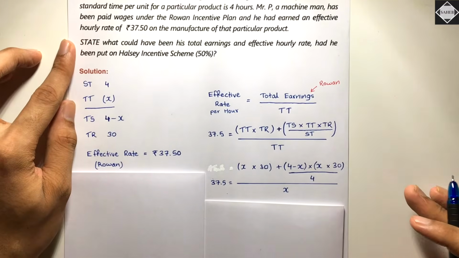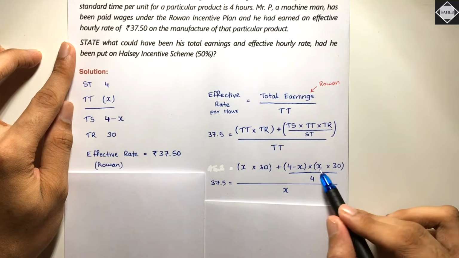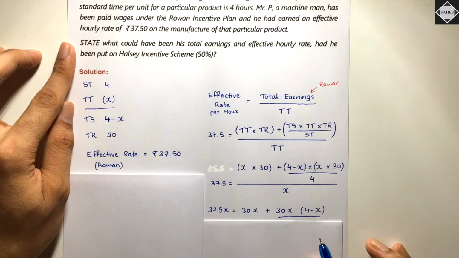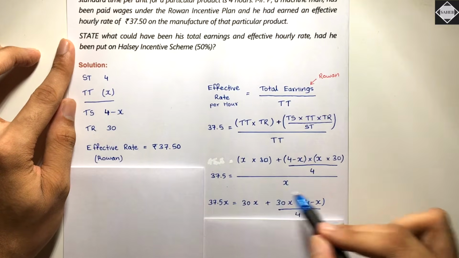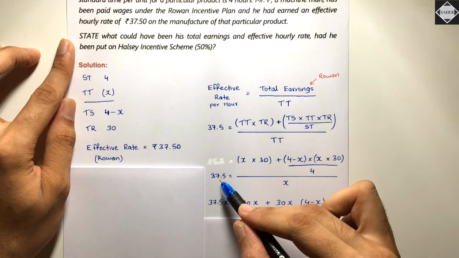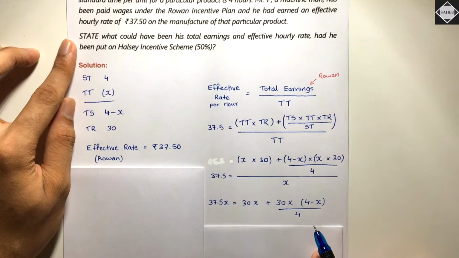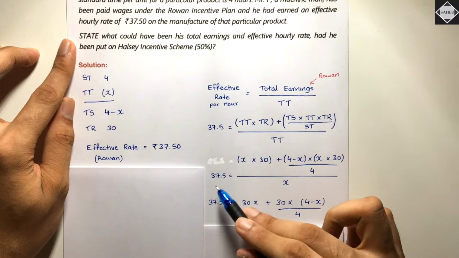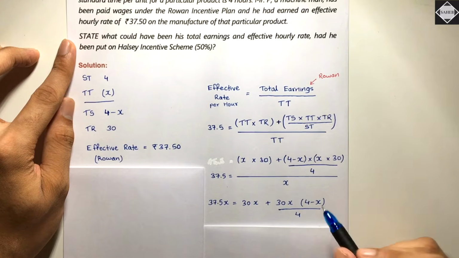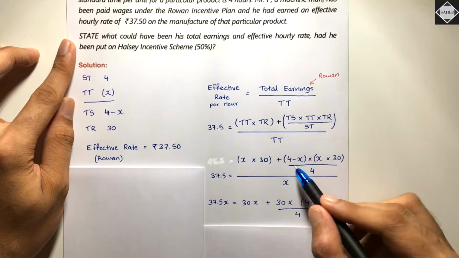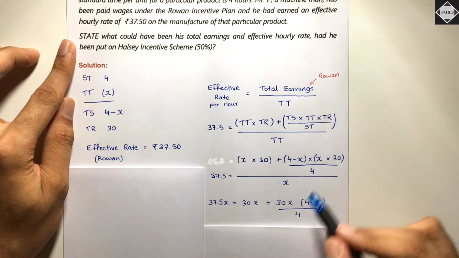Just go on simplifying the equation. x into 30, that's 30x. Here also x into 30, 30x. So 37.5x. This x went over here; it was divided there, so it went from one side to the other and became multiply. It will multiply with 37.5, so 37.5x. Then x into 30, 30x, then 4 minus x I have left as it is, and this became 30x.